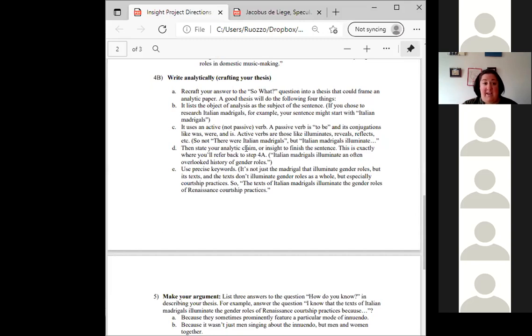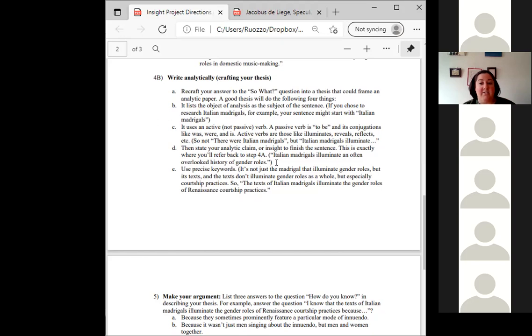You're not going to write that essay, but I want you to come up with a thesis for a potential essay. So the so what, step 4A, gets turned into its own statement in 4B. Really similar. 4B lists the object of analysis as the subject of a sentence. In other words, I should know what you're writing about right off the bat. That should be the first thing that catches my eye.